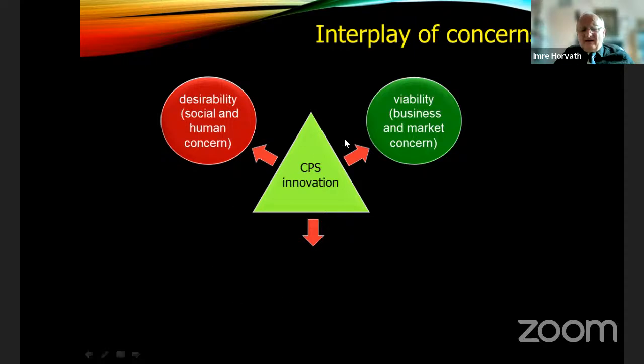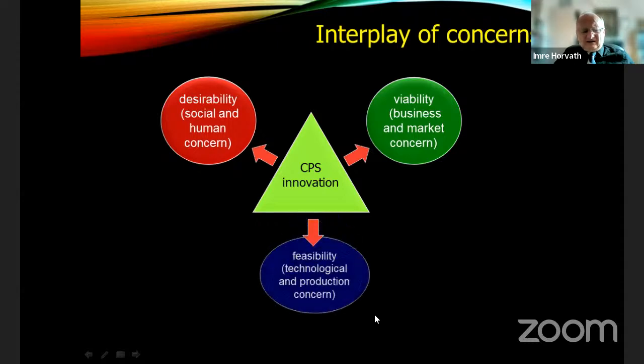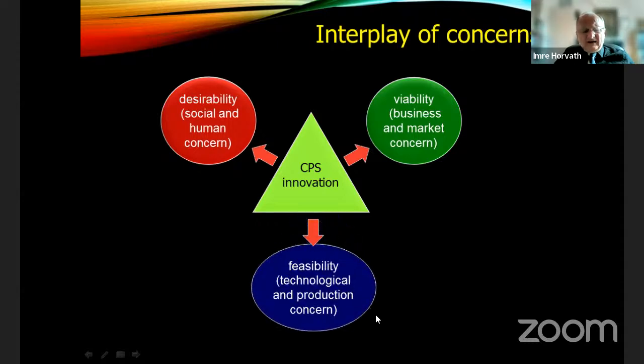So there are business and market concerns which are to be taken into consideration. And the third one is actually the feasibility, the technological and production concerns. What is important here to see is that these concerns not just interplay, but they beg for a balanced comprehension.